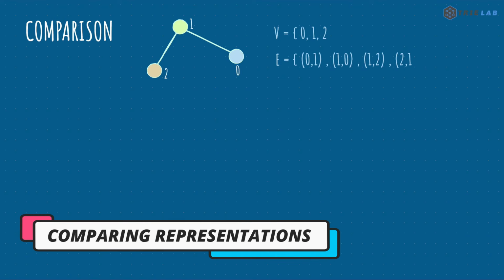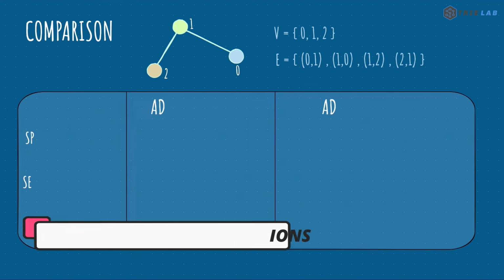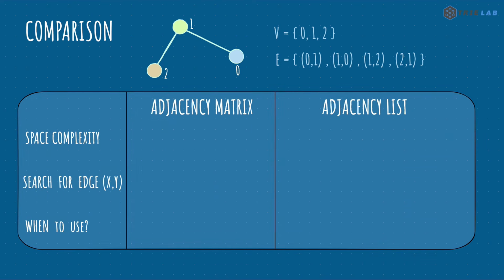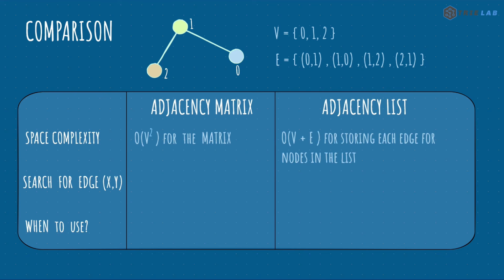Now we have seen two representations, an adjacency matrix and an adjacency list. We have also explored the space complexity, which is O(V²), where V is the number of vertices, for the matrix representation and O(V + E) for the adjacency list representation.